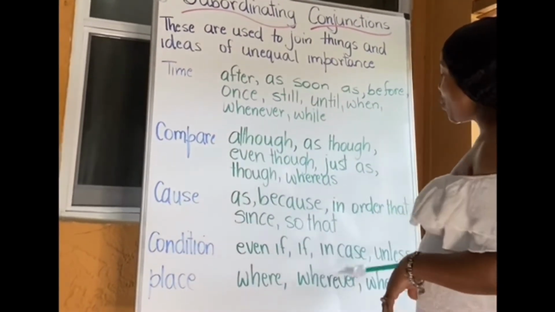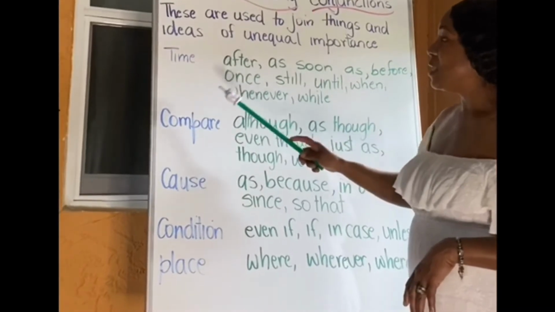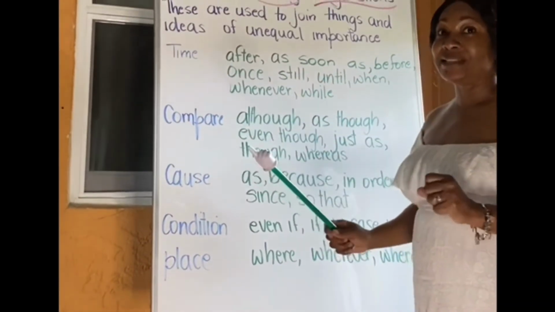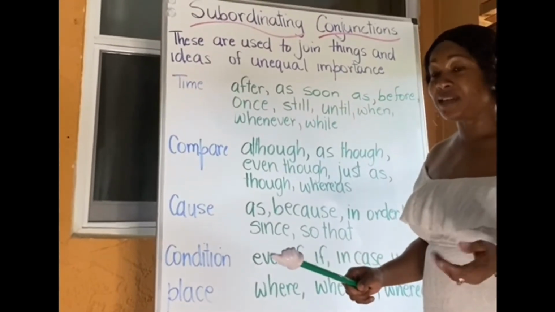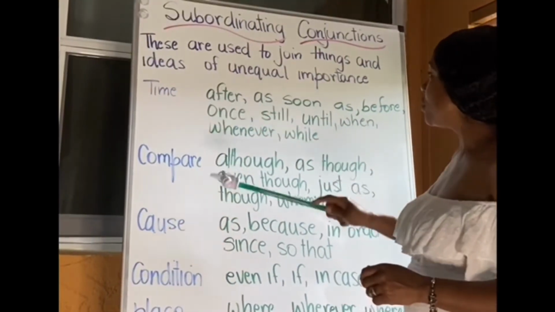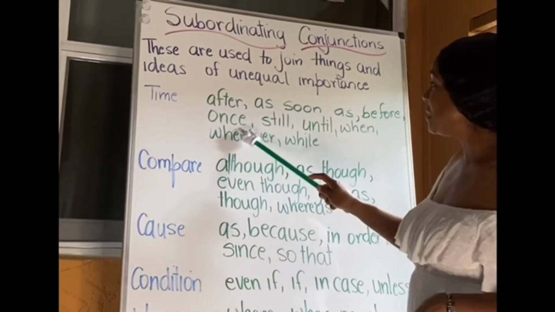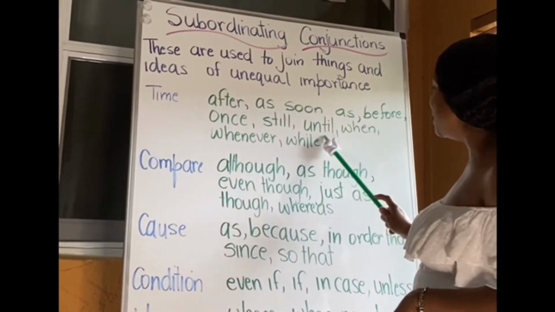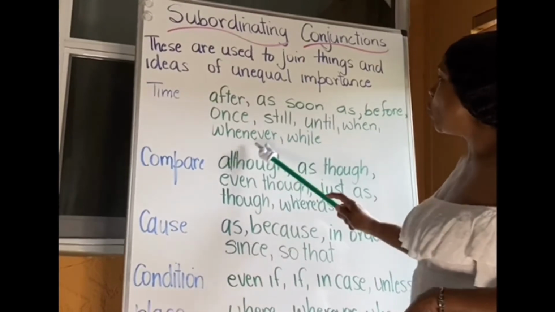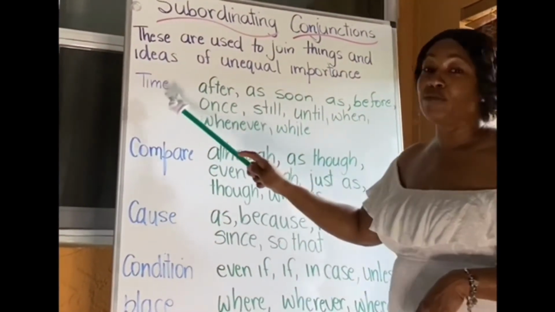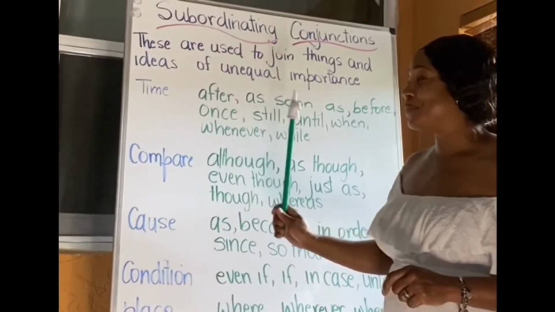Some of these conjunctions refer to time. We use them when we're referring to time, like I said previously. So after, as soon as, before, once, still, until, when, whenever, and while. These are used in reference to time.